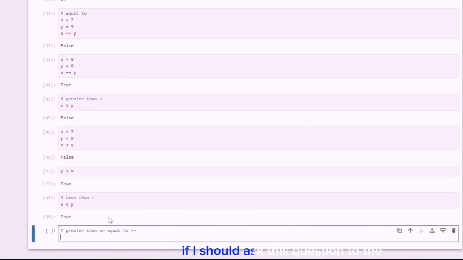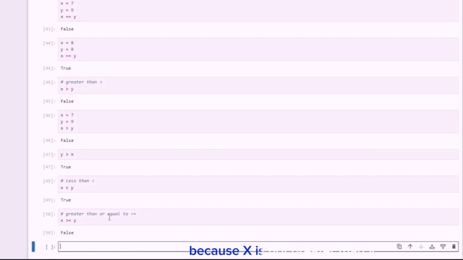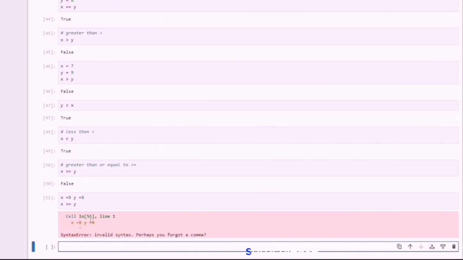If I ask the program, is x greater than or equals to y, please no space, it is false because x is not greater than y, and it is not equal to y. But if I have x is equals to 8 and y is equals to 8, probably it will tell us true. So let's try it. x is equals to 8, y is equals to 8, then is x greater than or equals to y? Okay, sorry please.